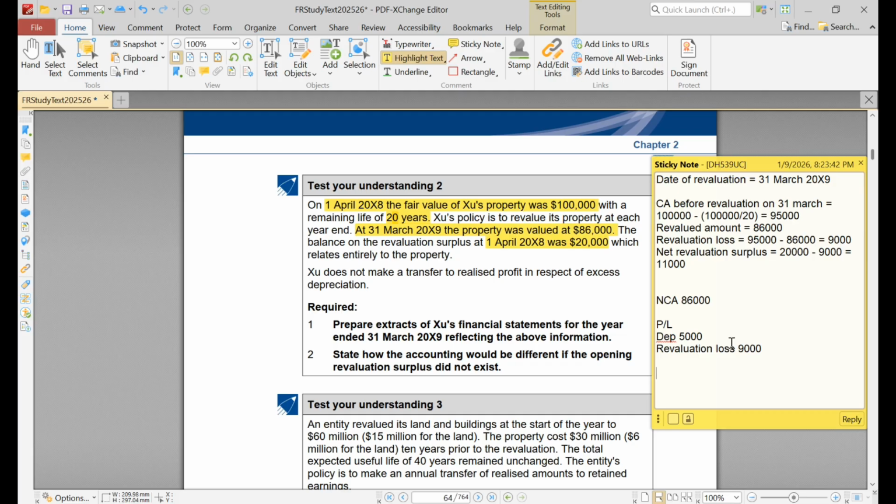All right. Now, in equity, that is the OCI that you would record, you would just record the net amount, which is 11,000. All right. So this is what would be recorded.